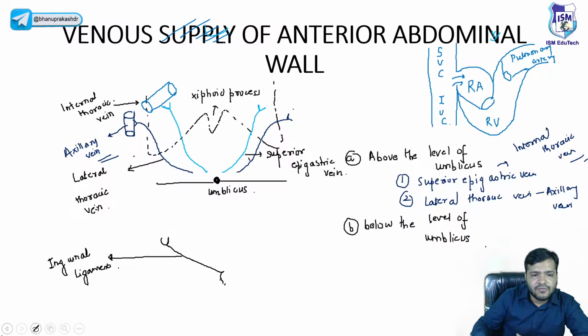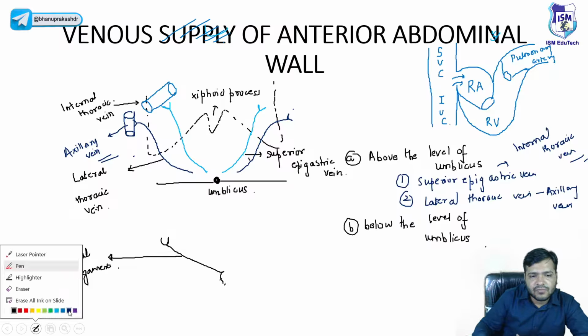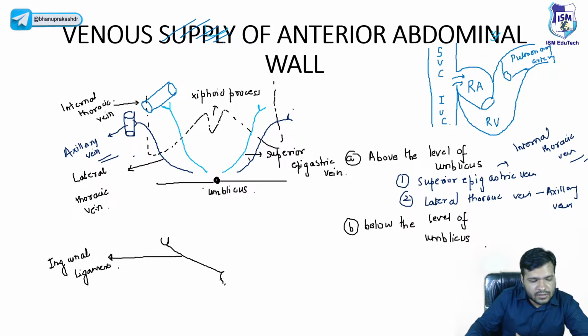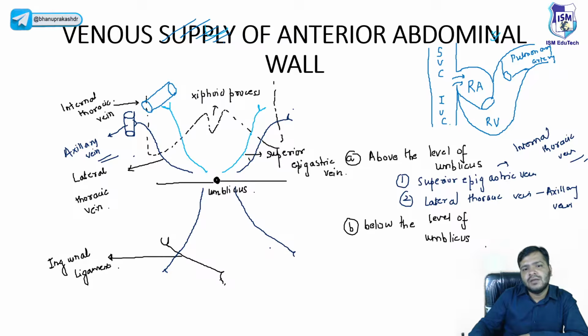Okay. Now from here, below the level of the umbilicus, it is the superficial epigastric veins. Okay.